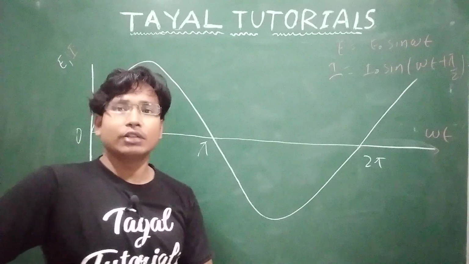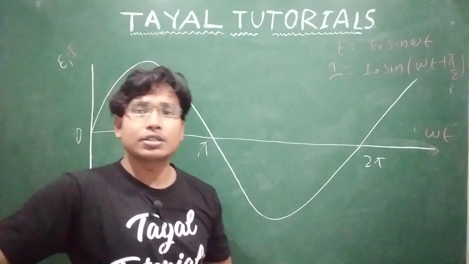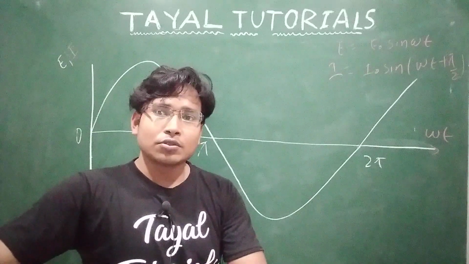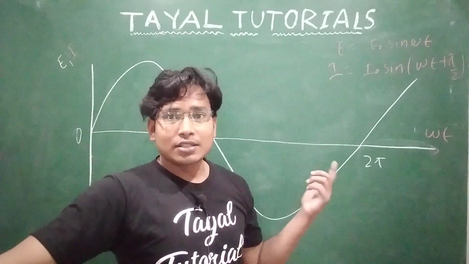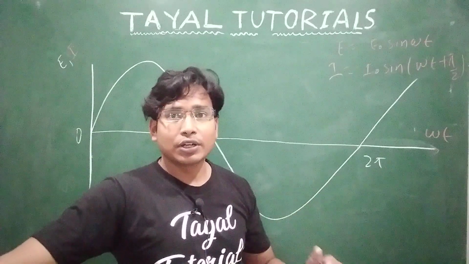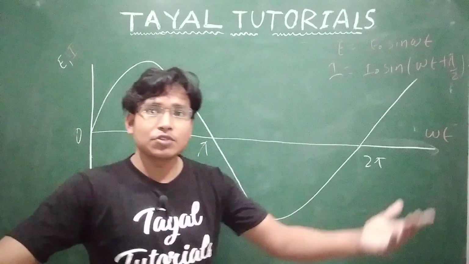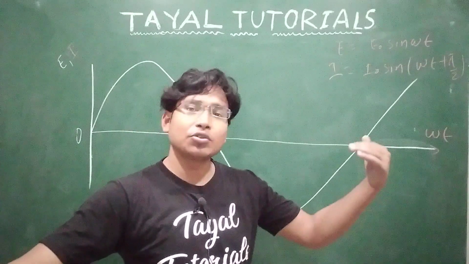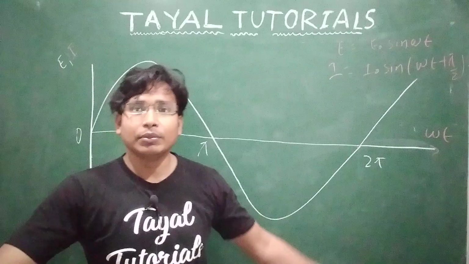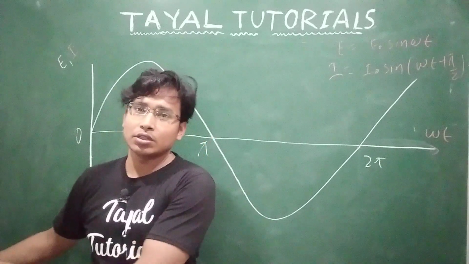When I ask students, in phase means same phase. In phase is something like rising together or falling together. Like, let's say there are two enemies. If someone is recruiting 20,000 of army, the other will also recruit 20,000 of army.